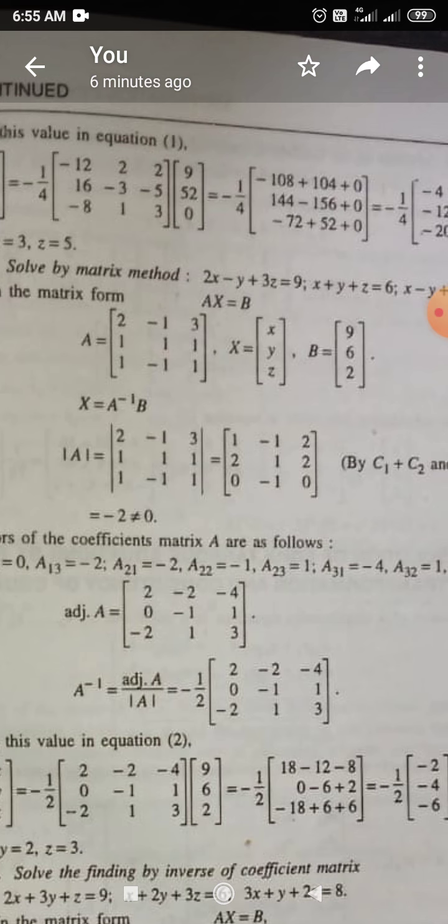X is equal to x y z, and B is the column matrix of the constants on the right hand side. So X is equal to A inverse B.